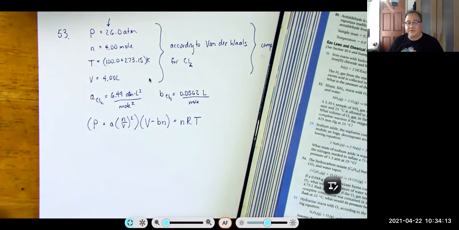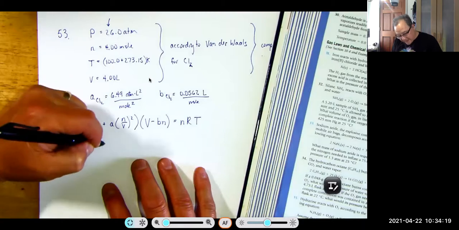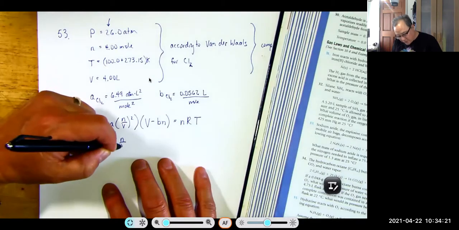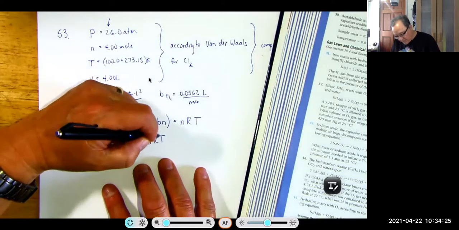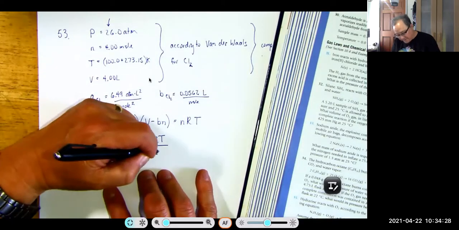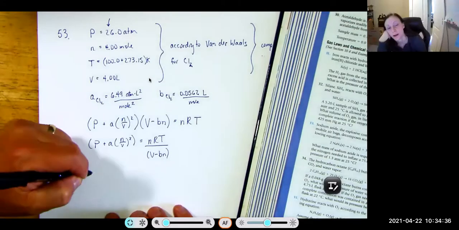being 26 atmospheres, okay? So I'm going to rewrite this as P plus A N over V squared is equal to nRT over V minus Bn. So you know how I got here, correct? Yeah, divided.